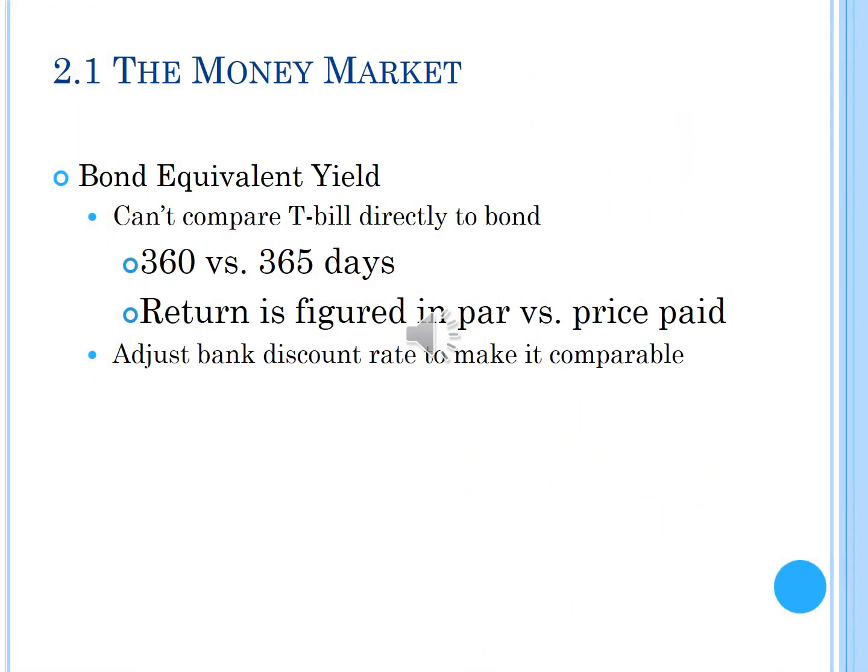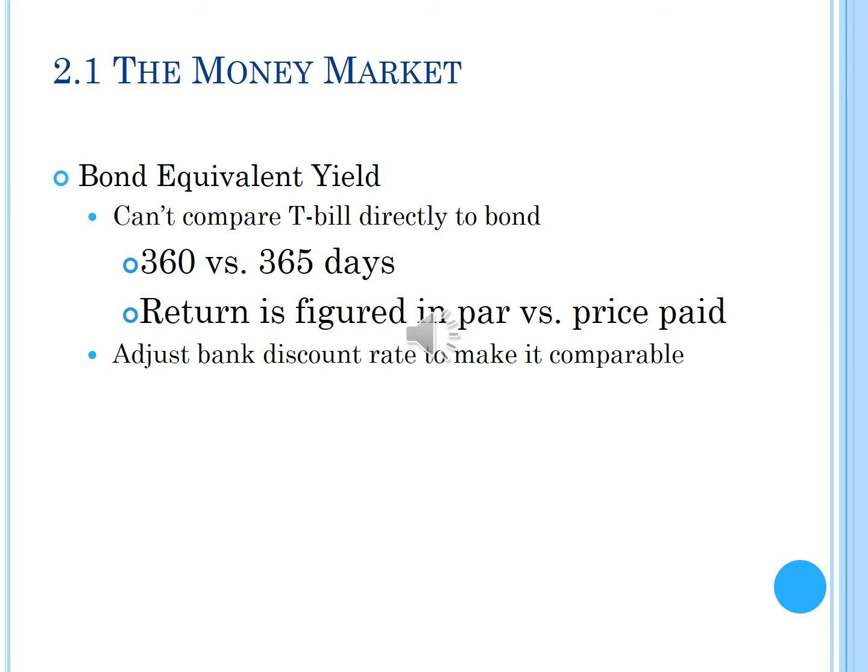Here it is also worth noting that we cannot compare treasury bills directly to bonds, and if we need to figure out the bond equivalent yield for a treasury bill, we need to adjust the bank discount rate to make it comparable.